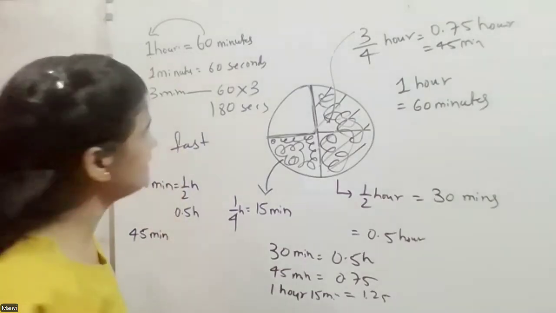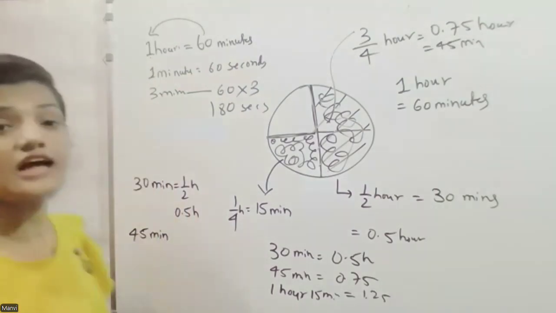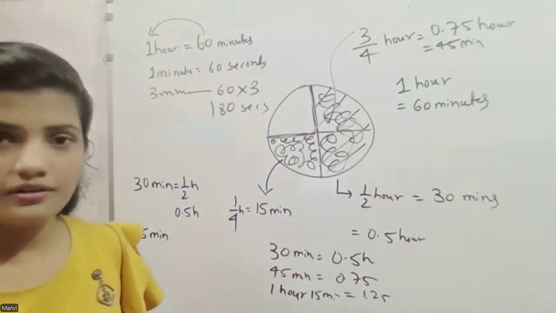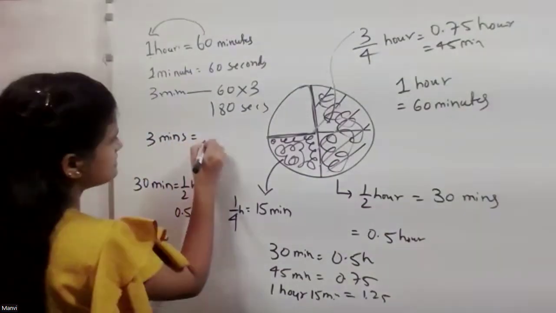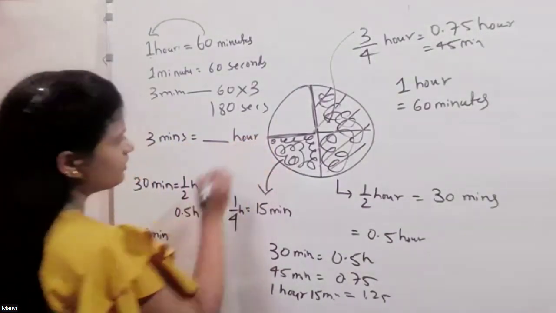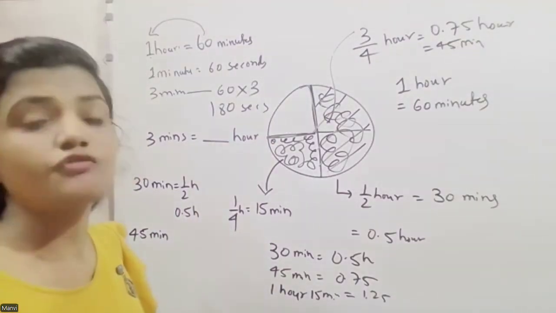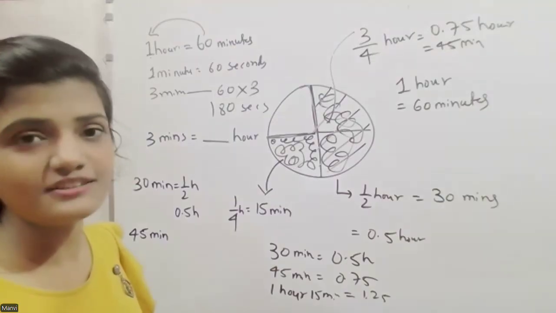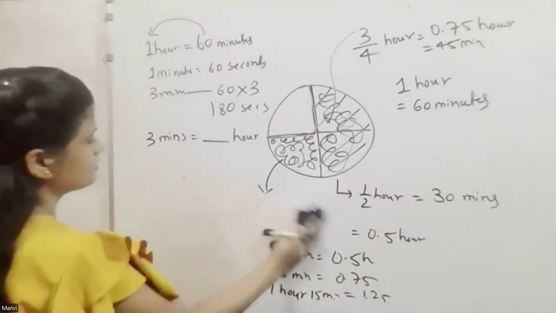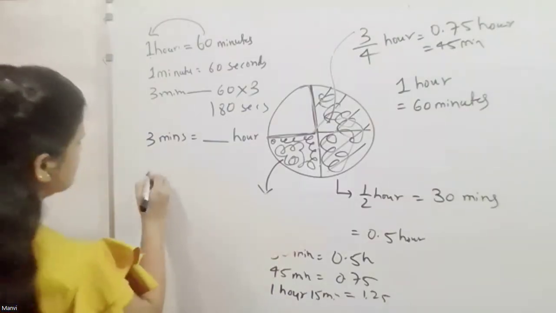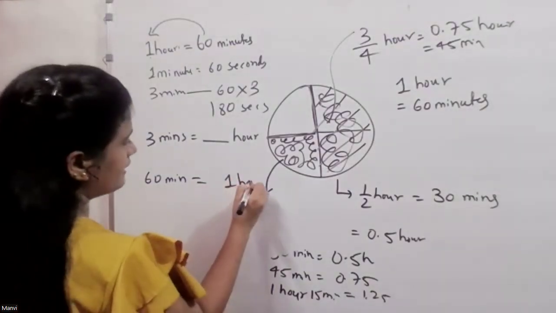So earlier, what I asked was, 3 minutes equals how many hours? 3 minutes equals dash hour. You can write it in fraction or in decimal, whatever you want. Fraction is much easier, right? So first we try to convert it into a fraction. We know that 60 minutes equals 1 hour, right?